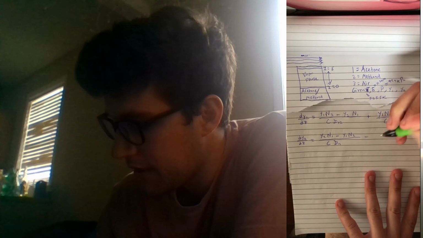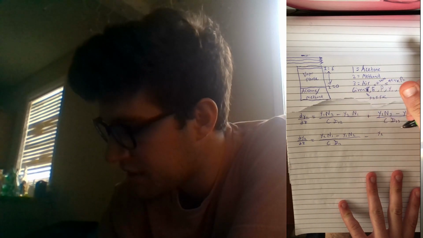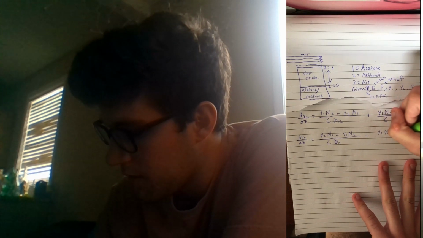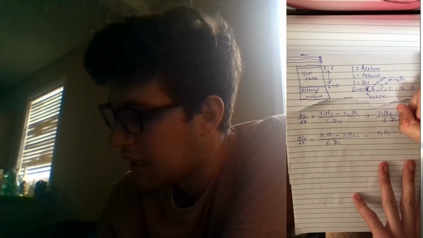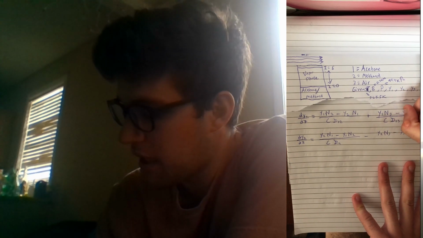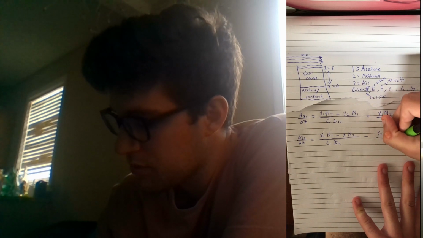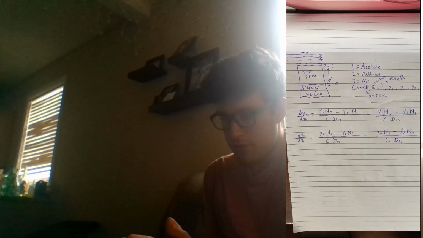We again start with the methanol mole fraction multiplied by the molar flux of air, subtracted by the mole fraction of air multiplied by the molar flux of methanol, over the concentration of this mixture multiplied by the Stefan-Maxwell diffusion coefficient of methanol and air.